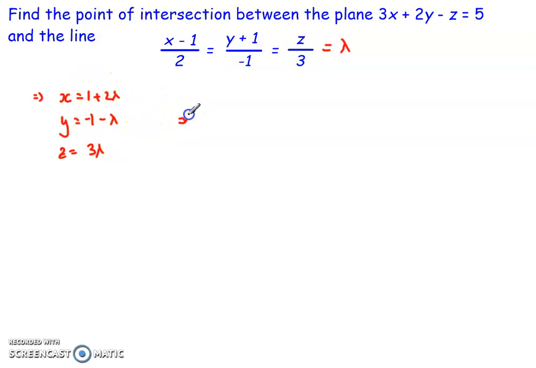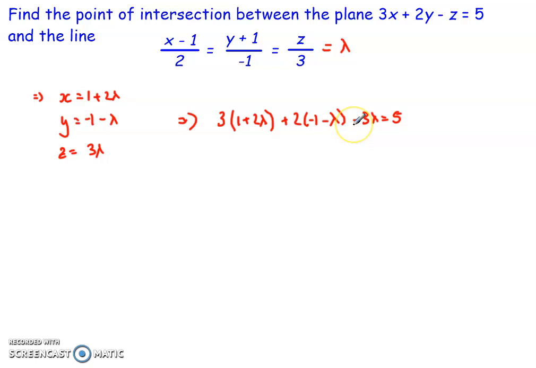Now that I've got that, stick it into the equation of the plane. So what I'd end up with is 3 bracket 1 plus 2 lambda plus 2 bracket negative 1 minus lambda minus the z, so minus 3 lambda, and that all equals 5.